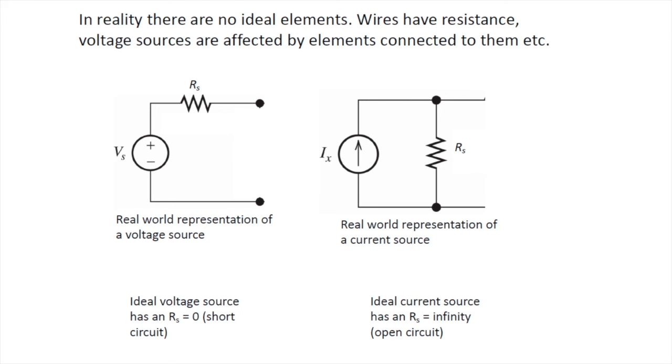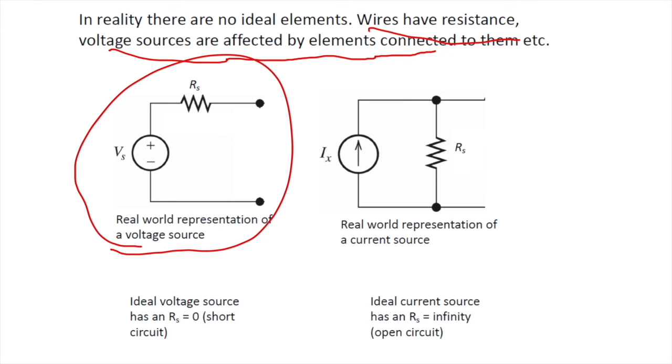So in the previous slides, we talked about ideal elements, but in reality, there are no ideal elements. The wires have resistance. The voltage sources are affected by elements connected to them. So this is the real-world model representation of the voltage source.